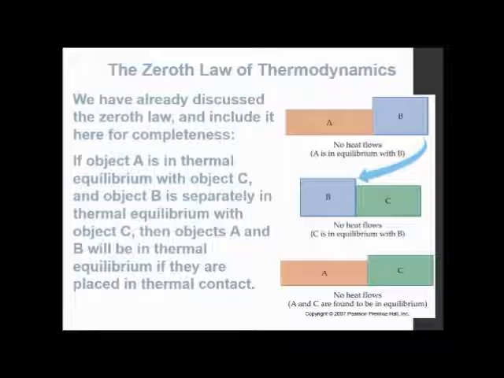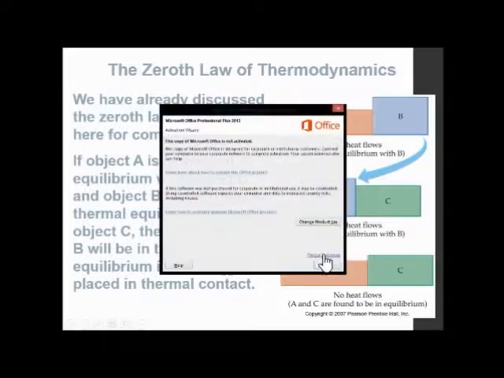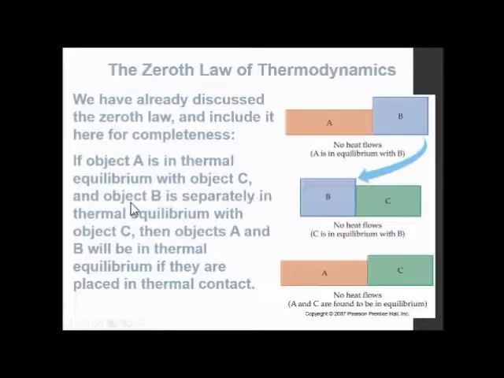This law states that if object A is in thermal equilibrium with object C, and object B is separately in thermal equilibrium with object C, then A and B will be in thermal equilibrium with each other. That means, in this picture, if A is in thermal equilibrium with B, no heat flows between them, and that is the main condition for staying in equilibrium.